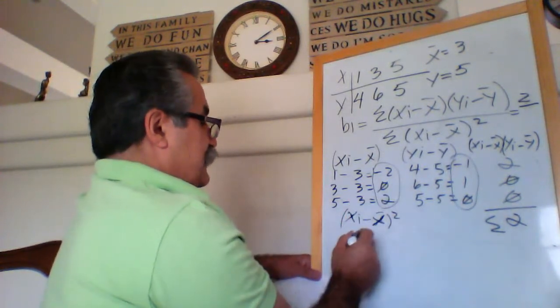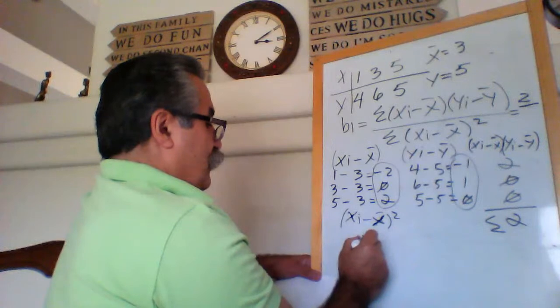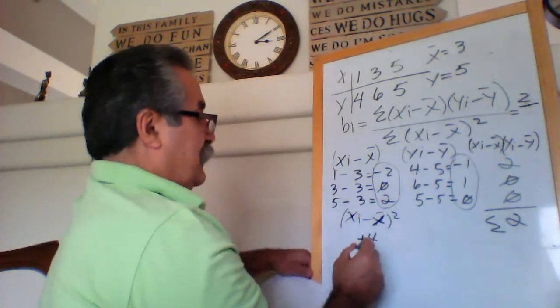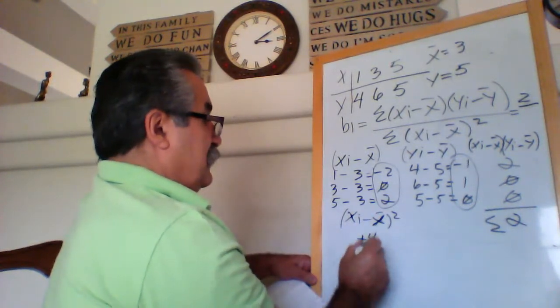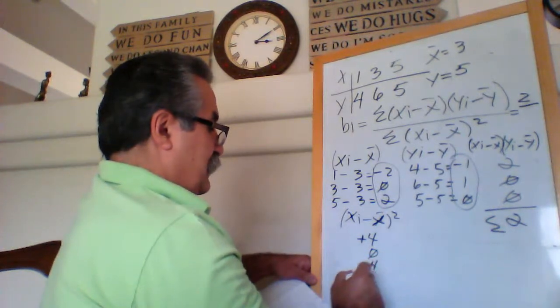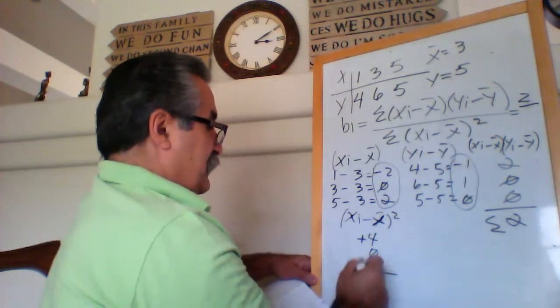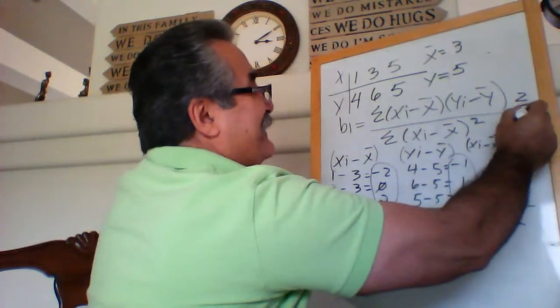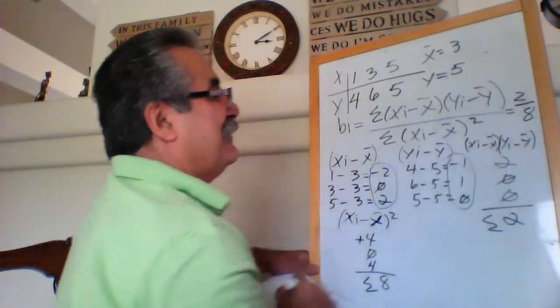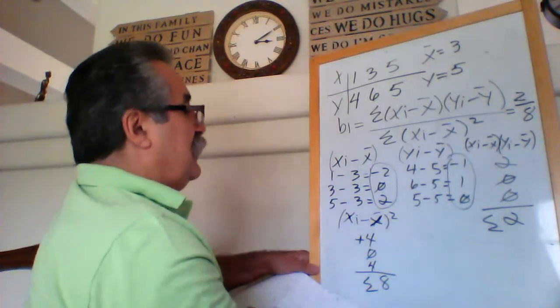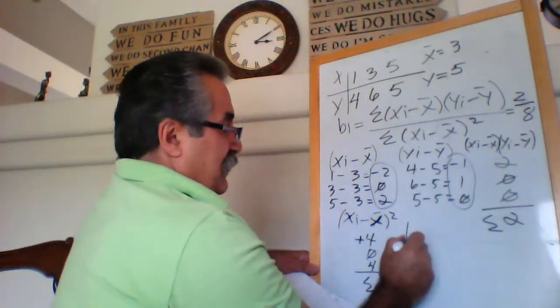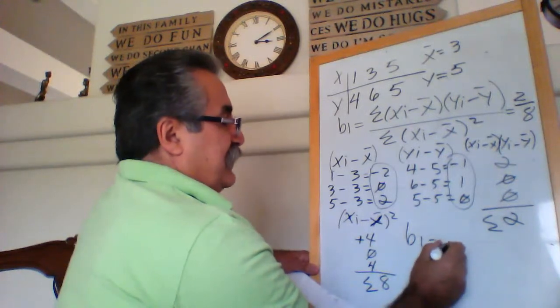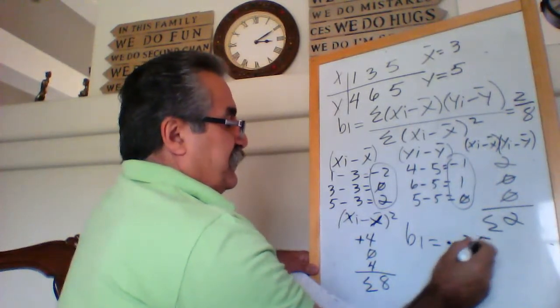So negative 2 squared is positive 4, 0, positive 2 squared is 4. Sigma, that's equal to 8. So 2 divided by 8. So our B1 comes out to be 0.25. This is our B1.